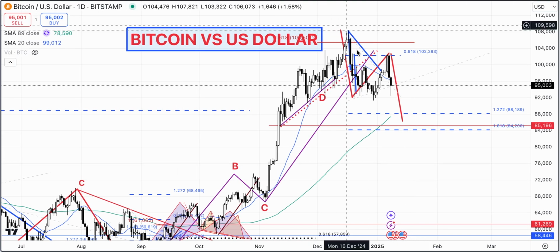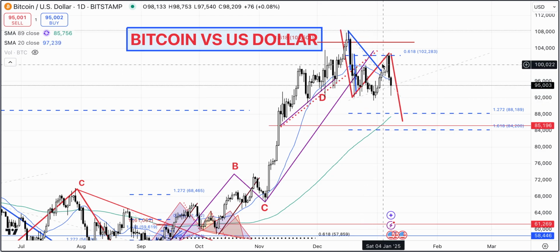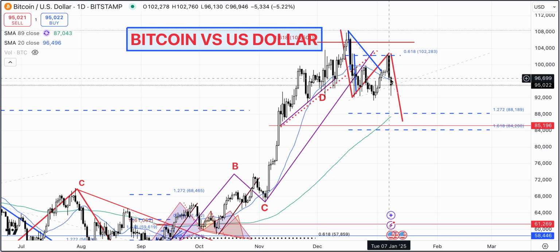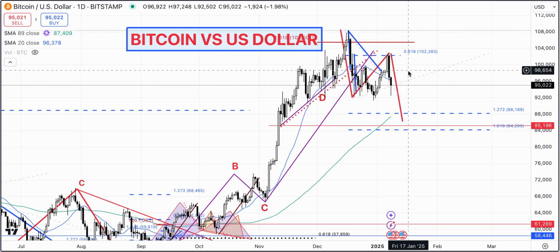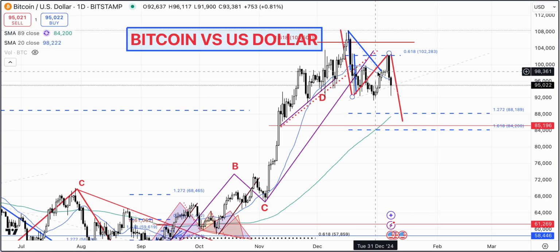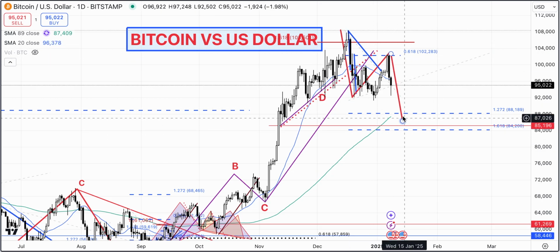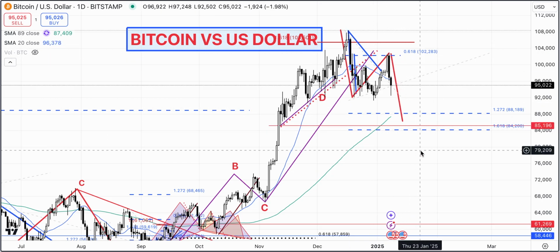It does look like it's following this ABCD. The strength which came in right into the 61.8% retracement was sold. So it's just right exactly the 61.8% retracement. Had it been 38.2%, I think the move down could have been even stronger. But with this one, still we could see these levels.